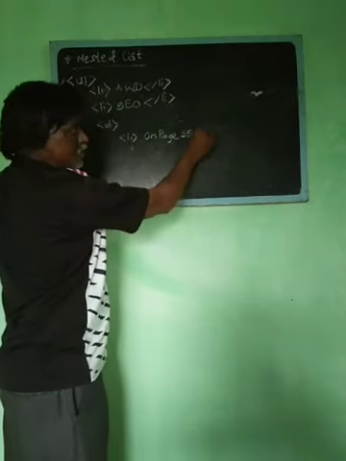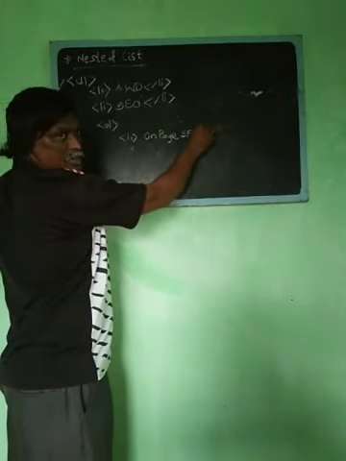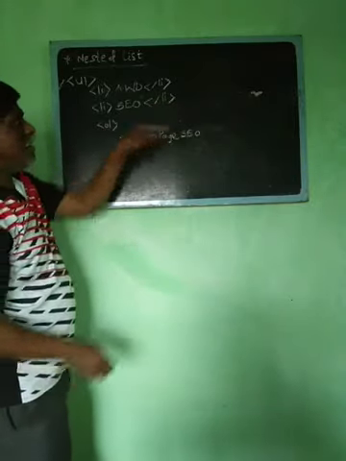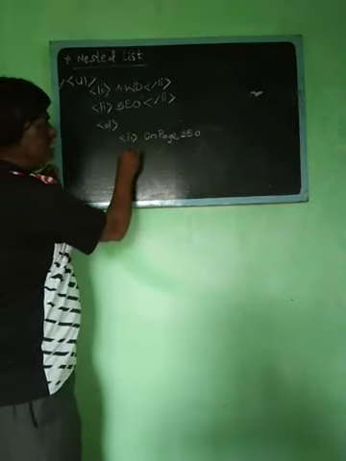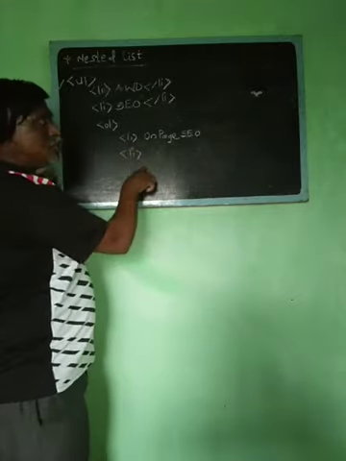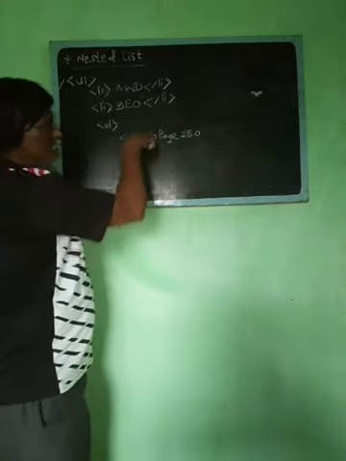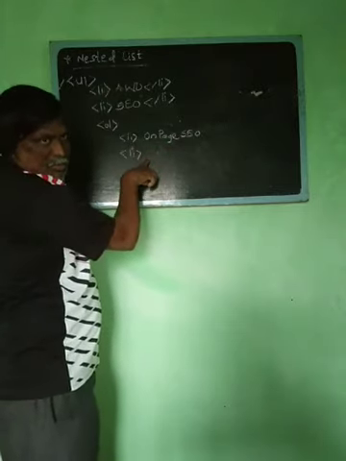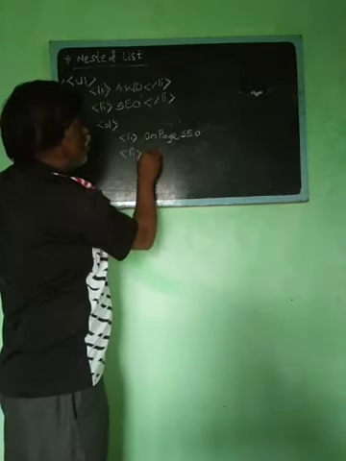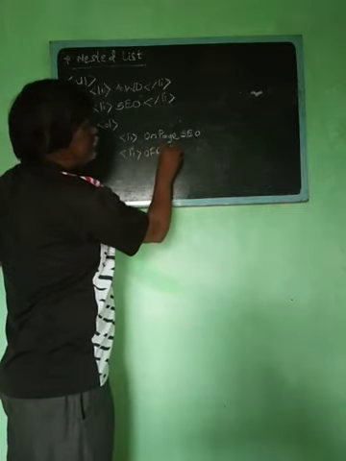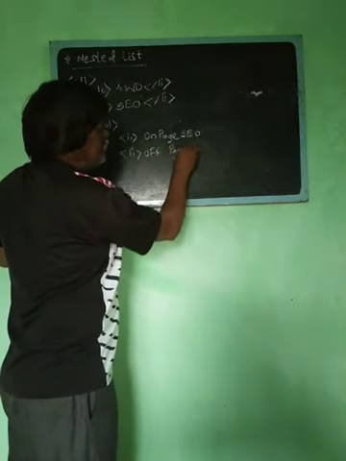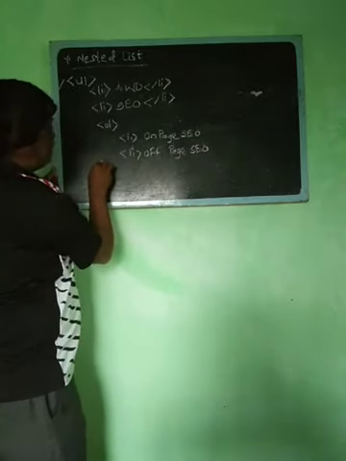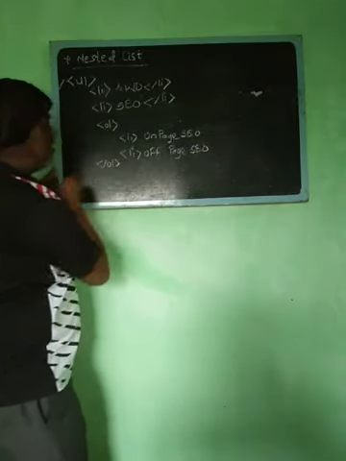Here it is not compulsory to end this li. If we directly take another list item, the list will still show numbering to this and the next list item. See how it works. Off page SEO, and here slash OL.